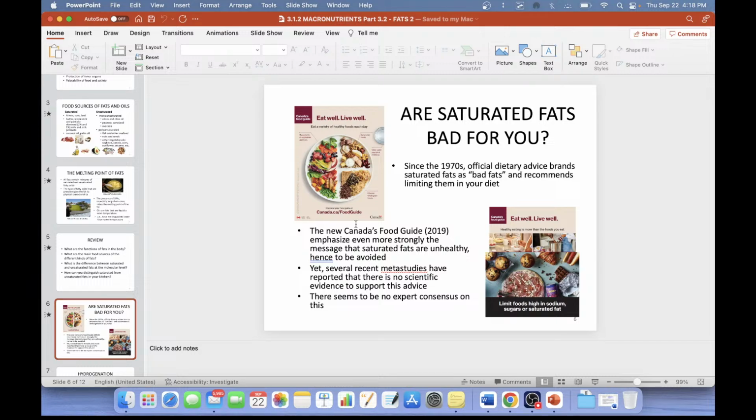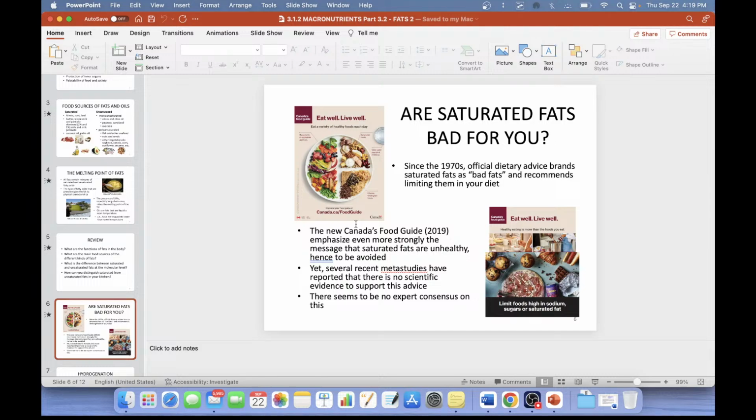So in the last edition of Canada's Food Guide, which is the official Canadian set of dietary advice, from committees of experts appointed by the federal government. In this latest edition, the message of reducing saturated fats, because they are unhealthy, is actually even more emphasized than ever.